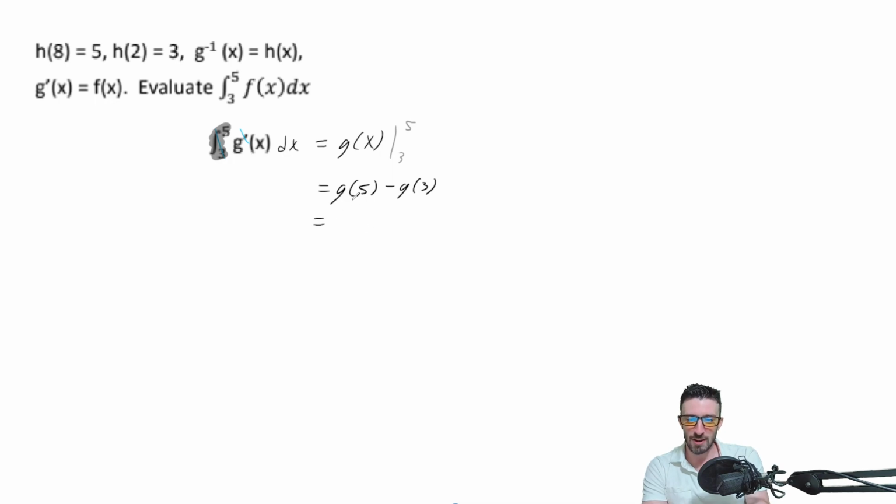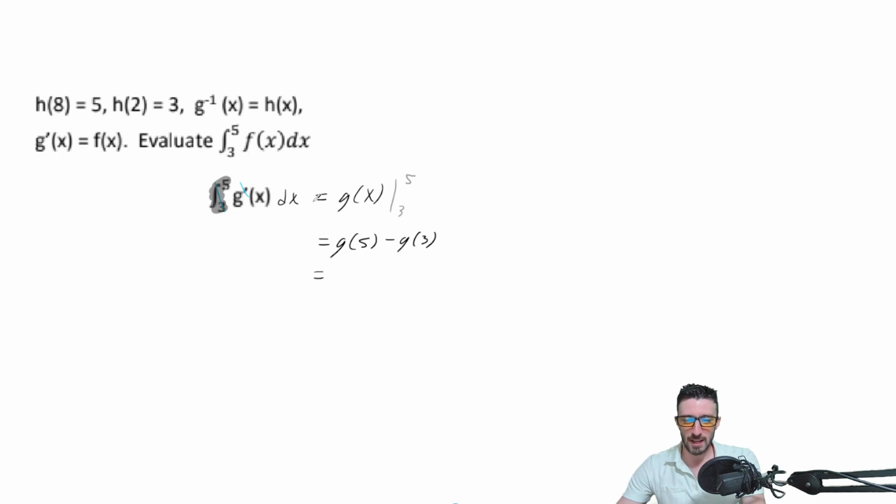And that means I gotta figure out what g of 5 minus g of 3 is. And now you wanna know how to do it, right? Well, I'll tell you how to do it. They told you that g and h are inverses. And when they tell you h of 8 equals 5, if g is the inverse, then I know that I can switch the x and the y.